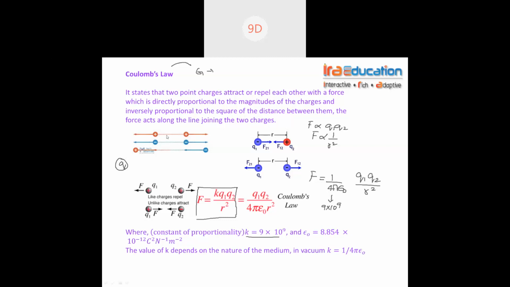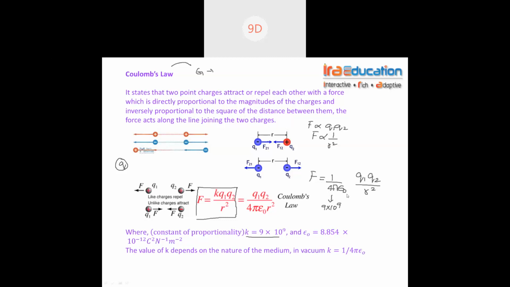Now, if the charges are like charges, the field is repelling. The force is repelling each other because the fields are repelling each other. Likewise, both negative means they are repelling. Whereas if they are unlike charges, this is the kind of direction they will be in, towards each other. I hope this is clear.